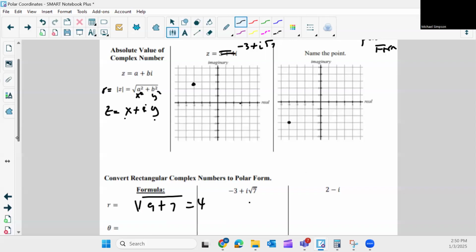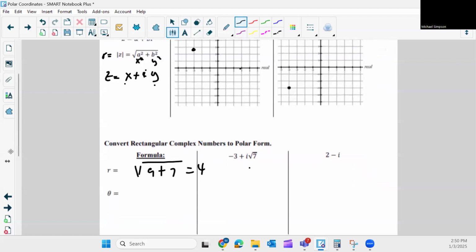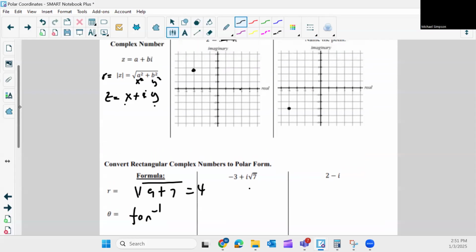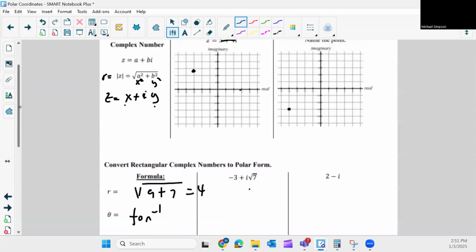That's your r value. The angle now, just remember I told you before, it's going to be tan inverse of y over x. What's the y value? The y value is the square root of 7, over the x value, which is negative 3.